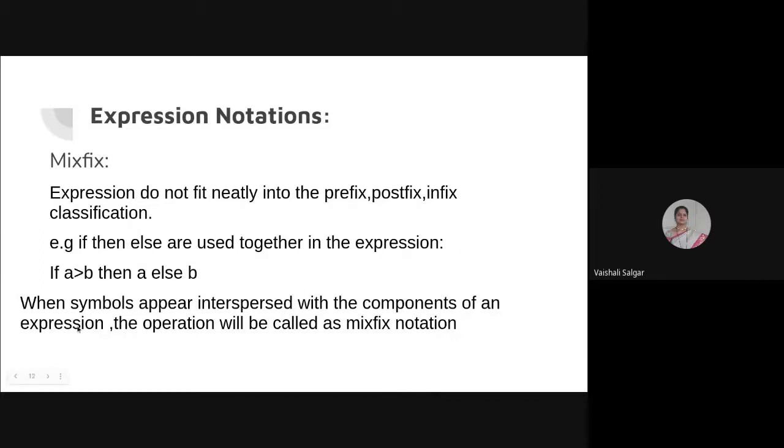So it is under your mix fix notation. And such a type of operations are called mix fix notation. So I hope you are able to understand when to decide whether the expression we are going to convert into pre, post, infix, or it comes under mix fix. So these are the four categorizations of the expression notation.